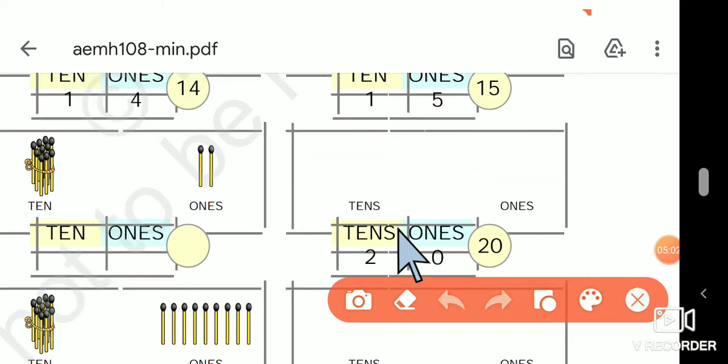We have drawn. We have two bundles and ones is 0. 2 tens means 20. A bundle.